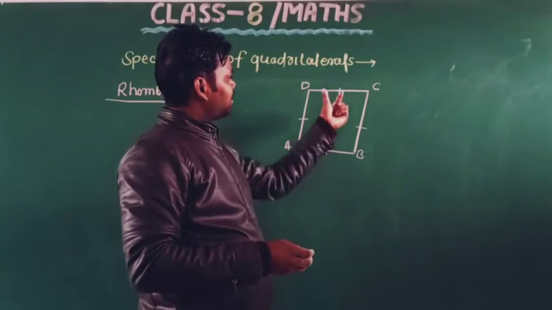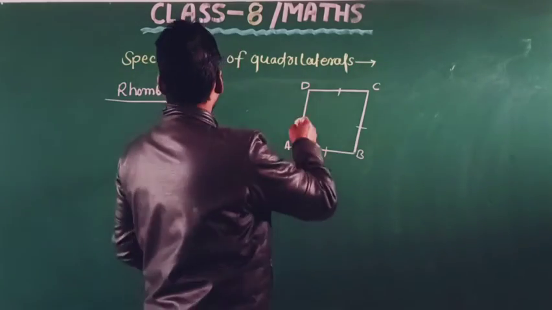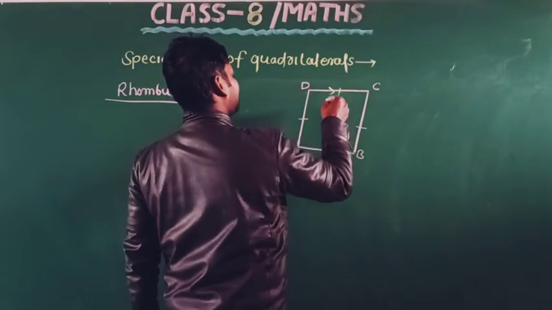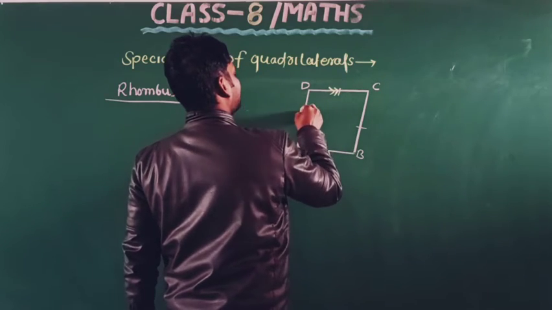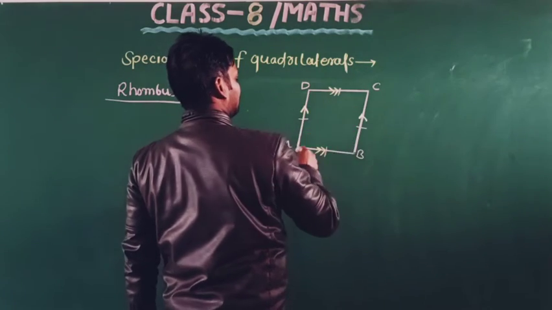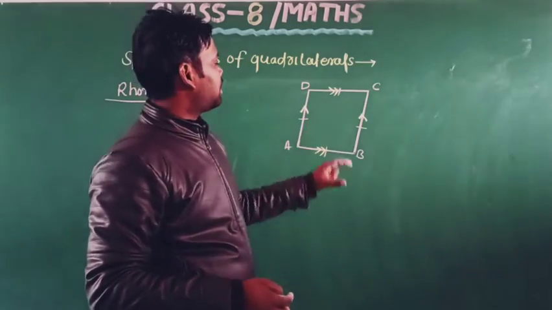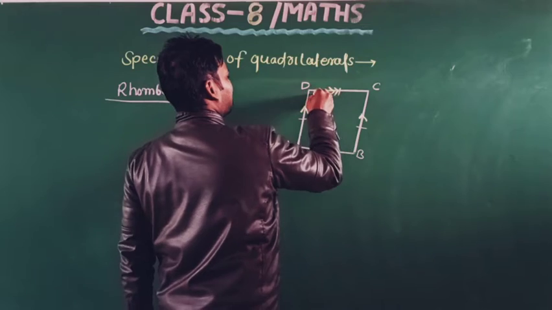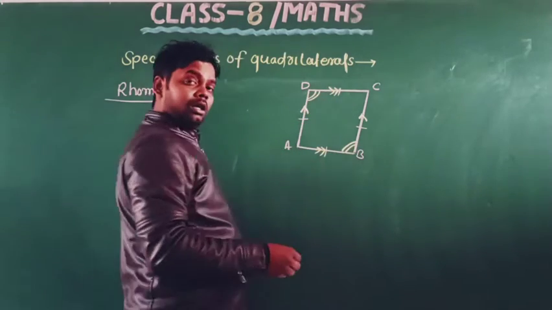Opposite sides of a rhombus are also equal and parallel. So here AB is parallel to CD and AD is parallel to BC, and opposite angles are equal.